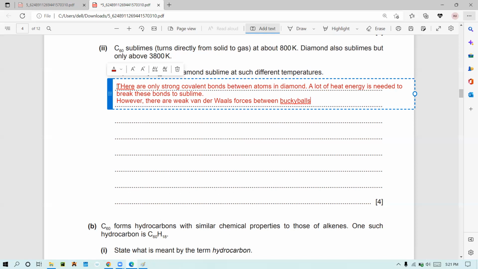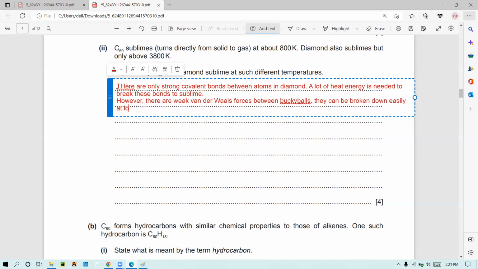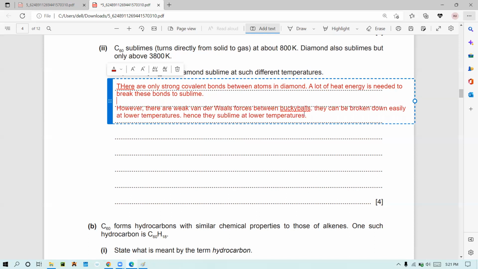Buckyballs means C60. They can be broken down easily at lower temperatures. Hence, they sublime at lower temperatures. Four marks are there.